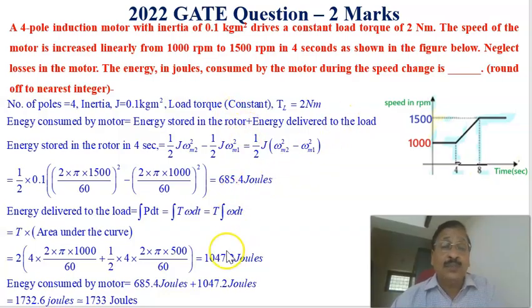The summation of these two gives the total energy consumed by the motor, which is 685.4 joules plus 1047.2 joules, equal to 1732.6 joules. Rounding to the nearest integer, it is 1733 joules. That is the answer.